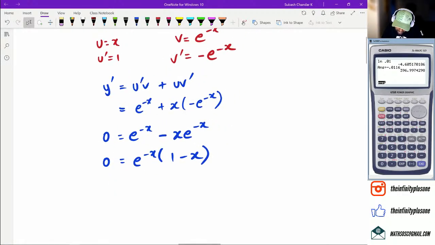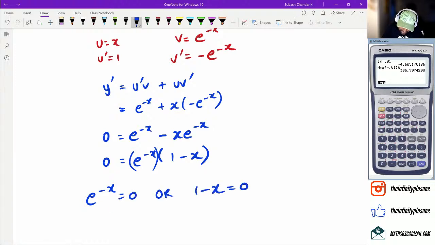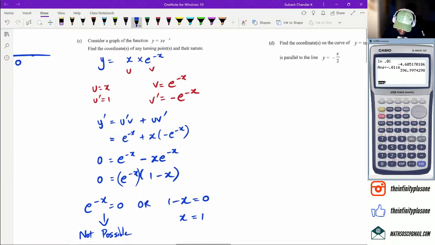So at this point, I think somebody else asked me this question earlier. You know how you have e to the negative x equals 0, or 1 minus x equals 0. Now this, e to the negative x equals 0, is not possible. So we're going to write down x is equal to 1. So what we've just discovered is the x value of the turning point.